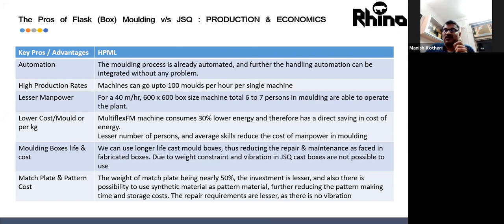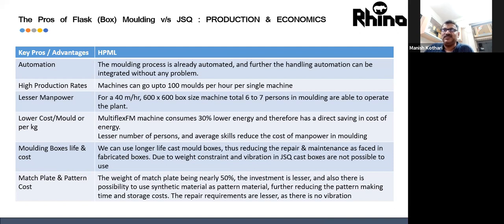The life of the boxes is higher, though initially the capital is higher. Because you can use cast boxes. In a Jolt Squeeze machine, say an Arapa 300 or a Sampa 450, 450 kg is the total weight it can carry. So if I put a box which is 100 kg in weight, along with my pattern, then I'm losing on the capacity of the machine.